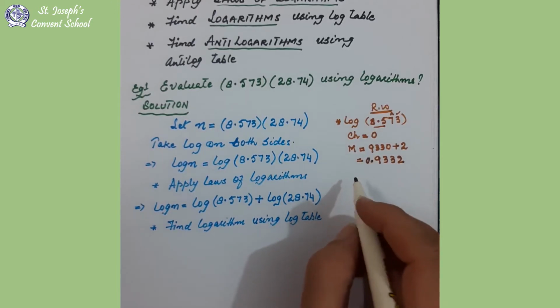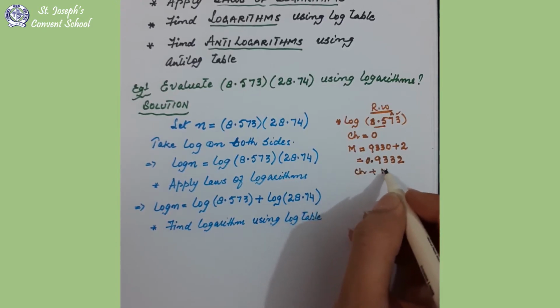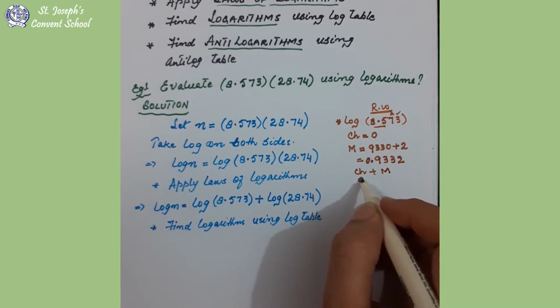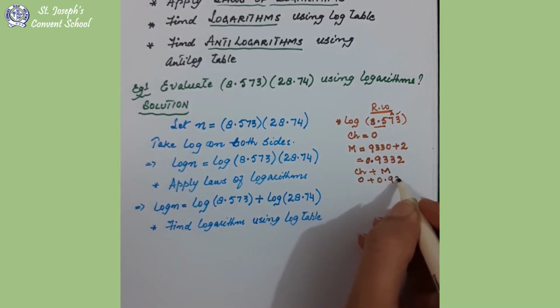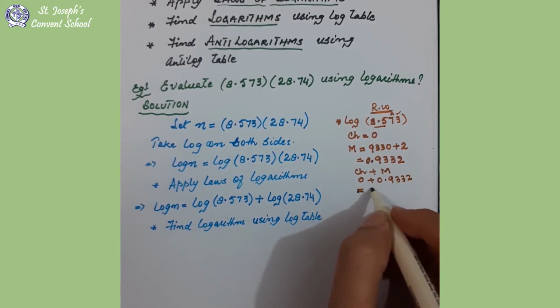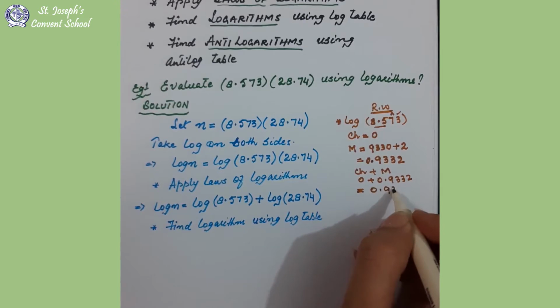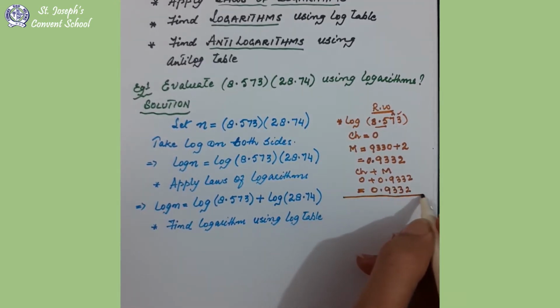So this is the mantissa, and the log of any number is equal to characteristic plus mantissa. So 0 plus 0.9332. So the answer is 0.9332. So this we will write.